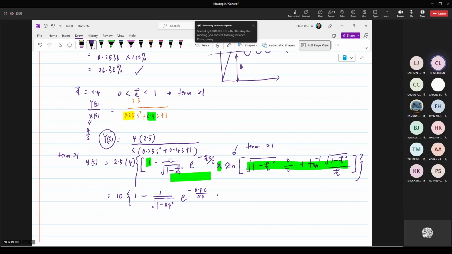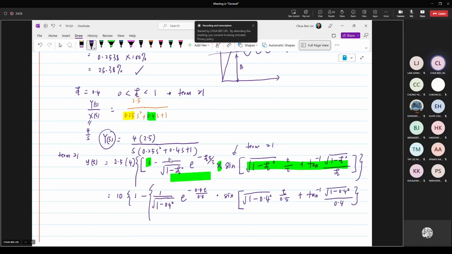Then this one multiply. Means later you'll be having 1 minus the whole thing. So if you want to put another bracket here, also fine. So it is 1 minus something. Then sine, then the whole thing here is square root of 1 minus 0.4 power to 2, t over 0.5, plus arctangent, then square root of 1 minus 0.4 power to 2, then divide 0.4.